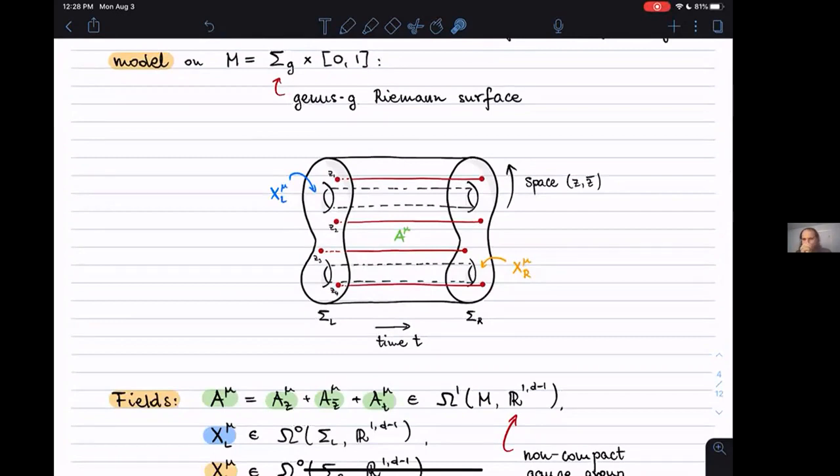Zvi? Yeah, hi, thanks. That was a very nice talk. Maybe you can comment on whether you can use this to figure out prescriptions at loop level in field theory for doing the double copy. So, good choices of loop momenta that make it possible to do double copy straightforwardly.